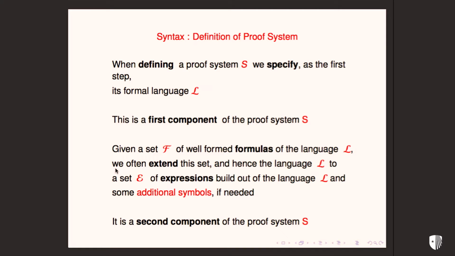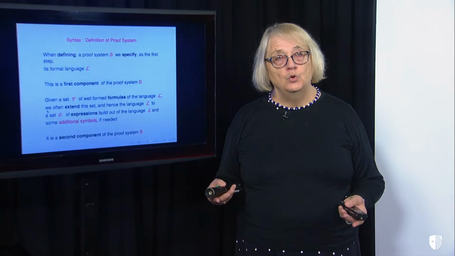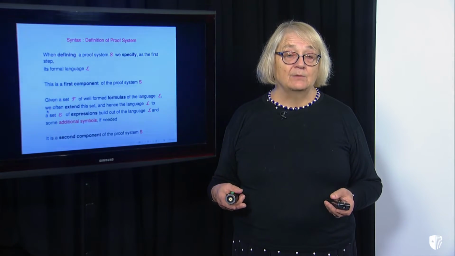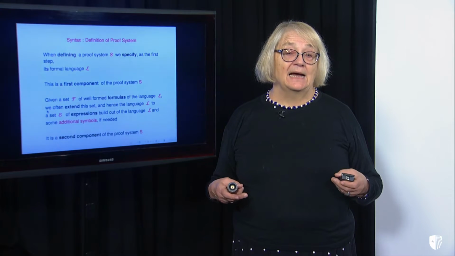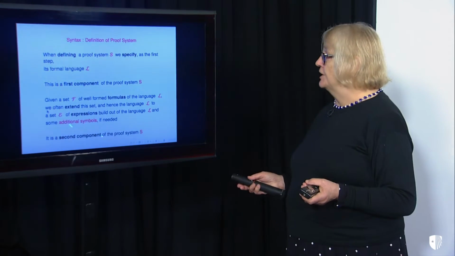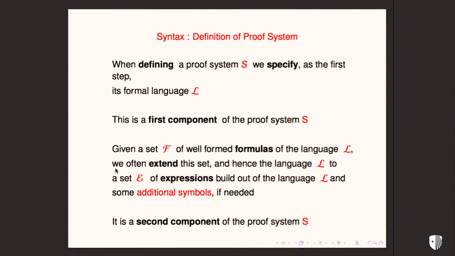Now, many proof systems use not only formulas as basic expressions, especially all automated theorem proving systems. That's why we extend the notion of formula of a language to a set of expressions. Sometimes we add some additional symbols.